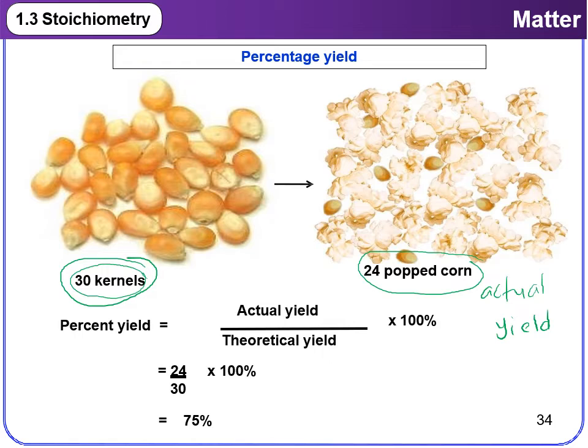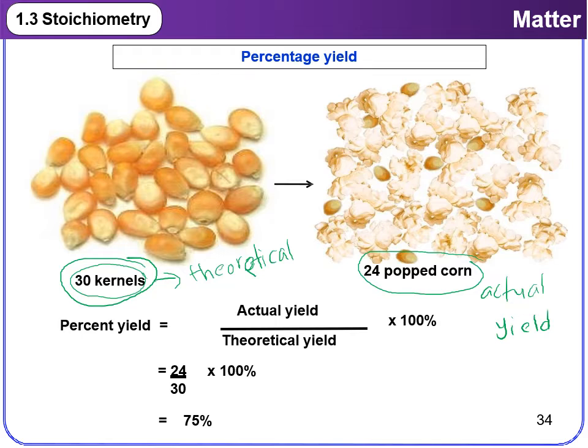So now this one we will consider as theoretical. Okay, because maximum you supposedly will get 30 popcorn. It is unable to have 35 popcorn because you only have 30. So that means 30 is the maximum amount that is possible to get.